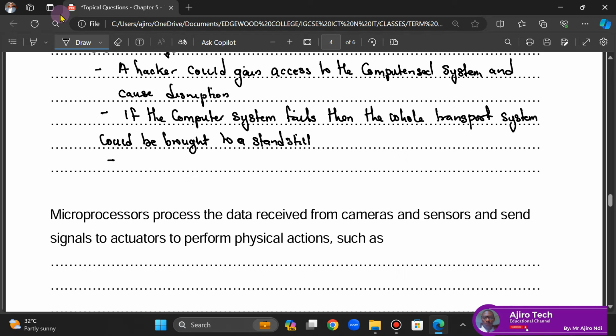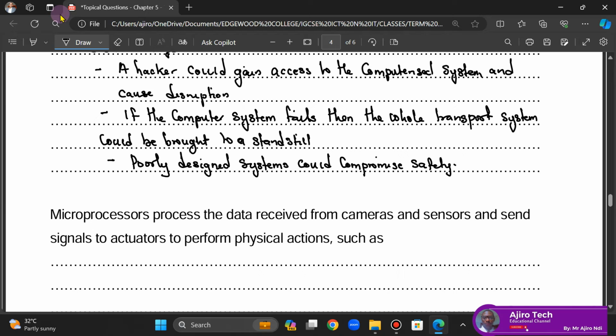Another one is poorly designed systems could compromise safety. So if the system is poorly designed, it could compromise safety.